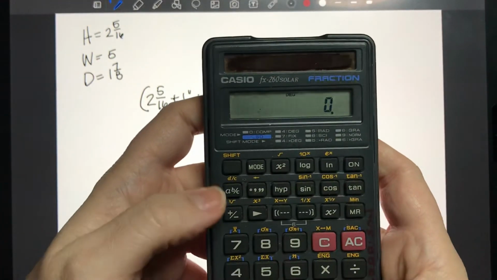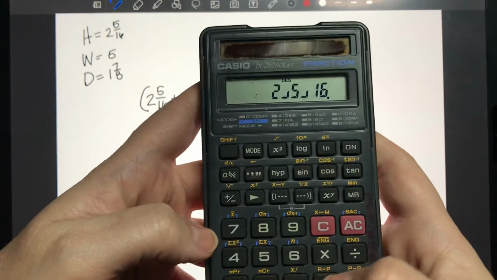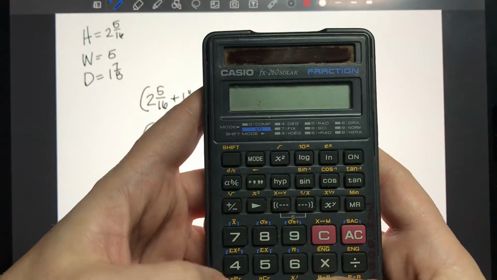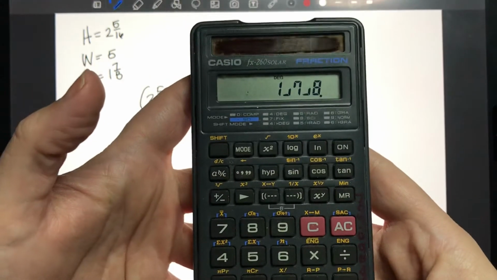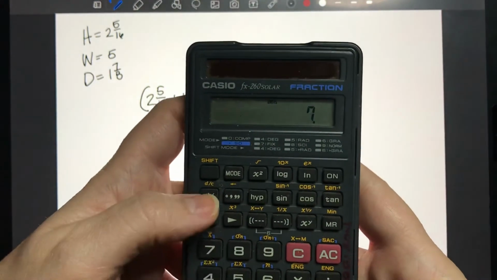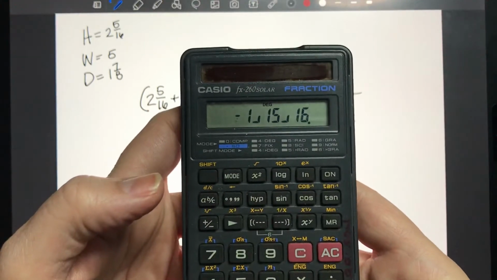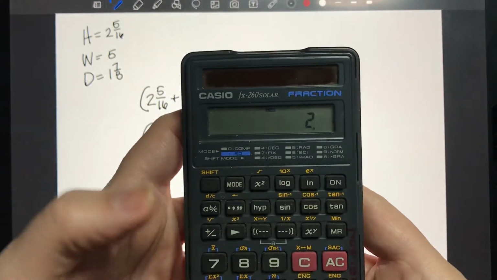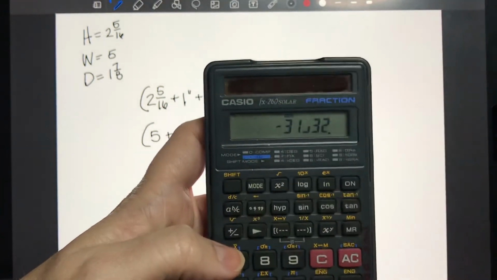So you're going to do the formula. 2 5/16 plus 1 plus 1 7/8 equals, minus 7 1/8 equals, divided by 2 equals. Remember, we don't care about the negative.